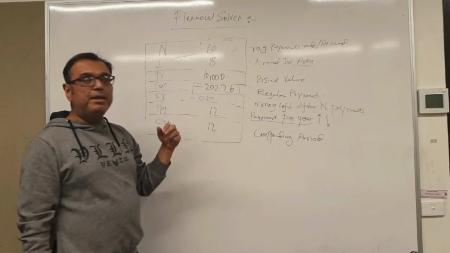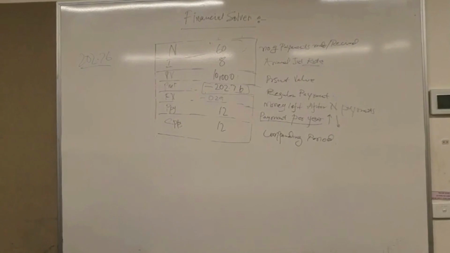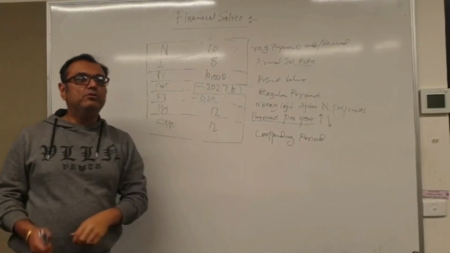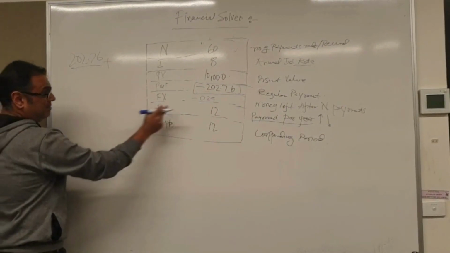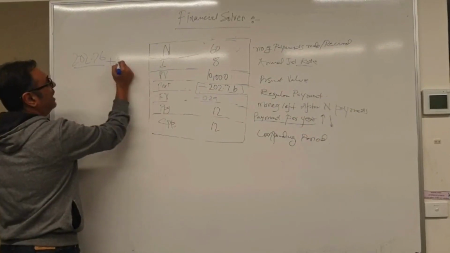So your final payment, or your 60th payment, will be the addition of these two values. That means it will be a positive. You need to add, because this has to go out and this has to go out. So you add the two values.